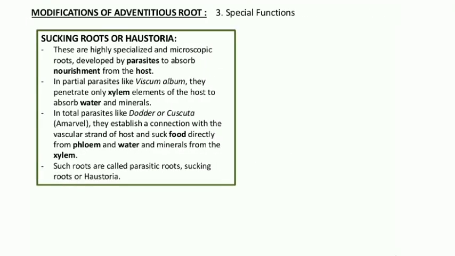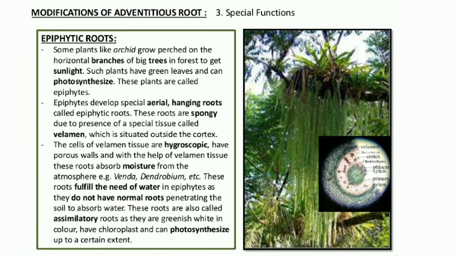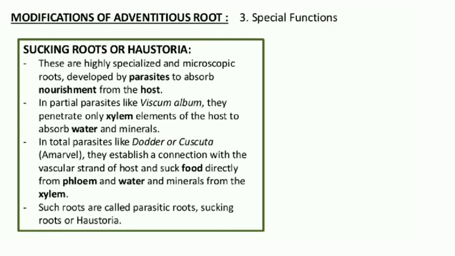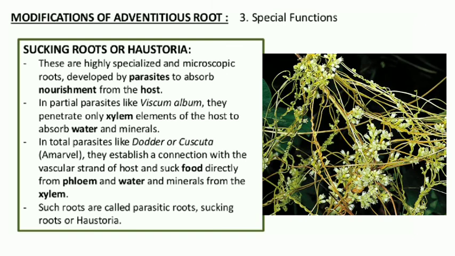Lastly, sucking roots or haustorial roots. In the previous example we have seen the plants Vanda and Dendrobium. These are partial parasites, means they live on other plants just for support. But some plants like Cuscuta are complete or total parasites, means they don't have root, they don't have leaf.